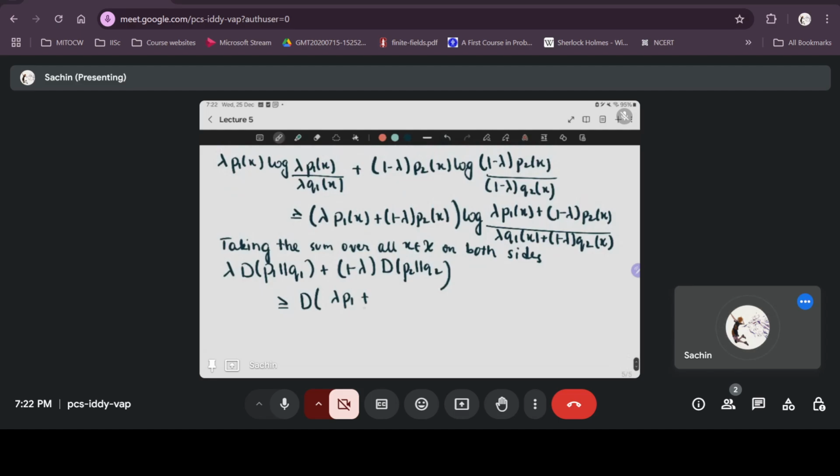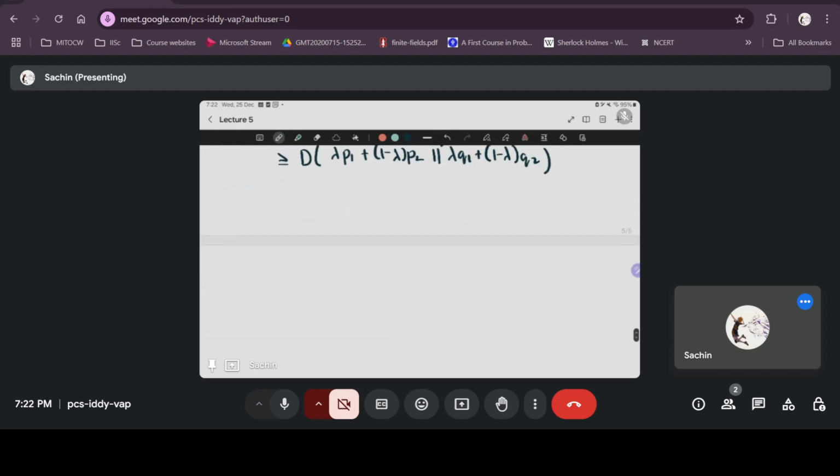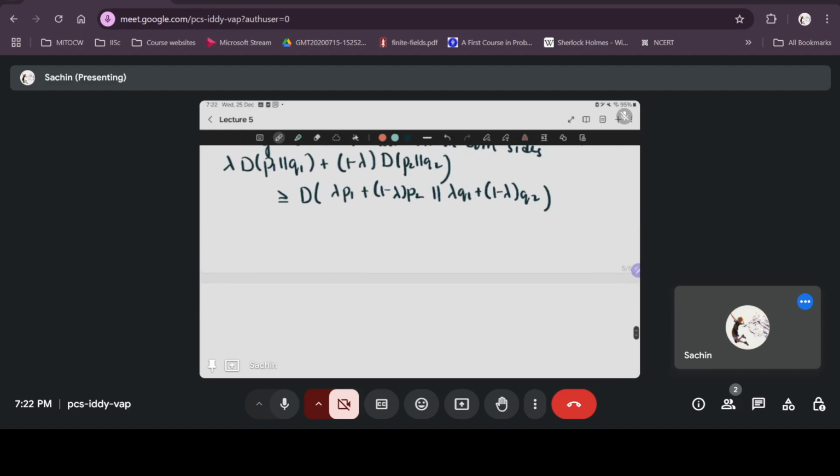So we'll end up with d of lambda P1 plus 1 minus lambda P2 parallel lambda Q1 plus 1 minus lambda Q2. And that's the proof.